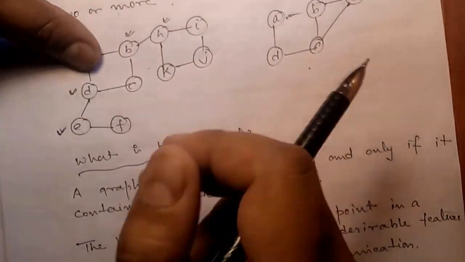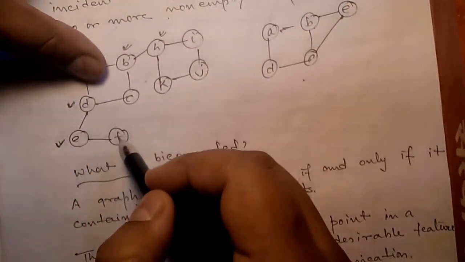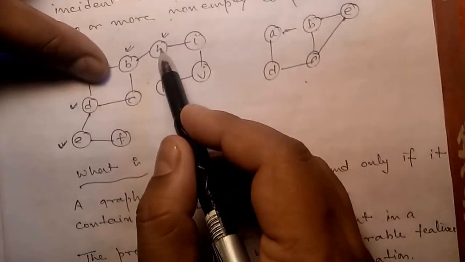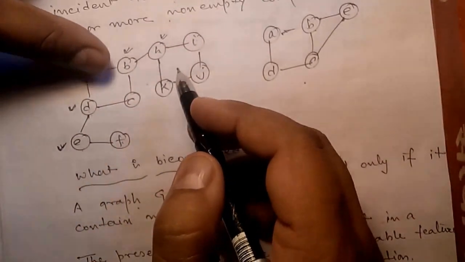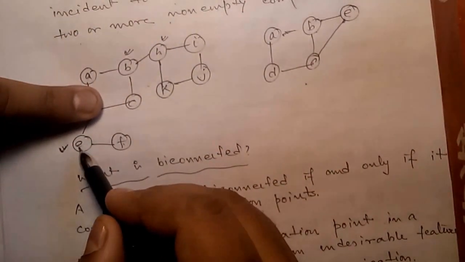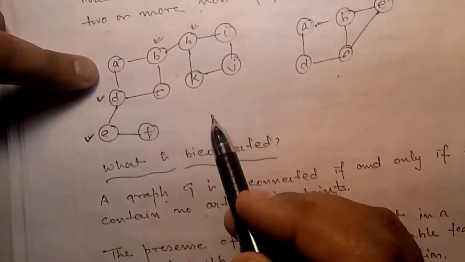If this other vertex is not working properly, there is no problem. We can still transmit data from H to I, D to K, J to B, or H to E. But if B is not working properly, then we can't transmit data from E to H or B to F. So the total network is hampered.